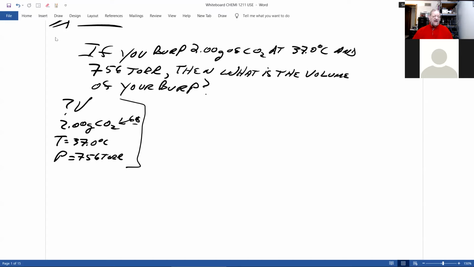Carbon dioxide is a gas at these conditions, and none of the parameters, volume, temperature, weight, or pressure are changing. Immediately, that should tell you you should be using the ideal gas law, PV equal nRT.